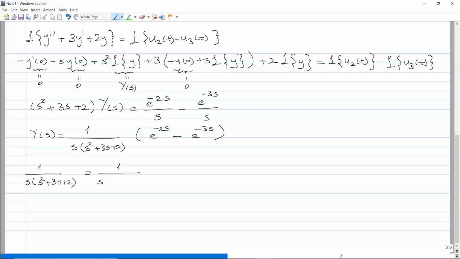Yes, we can factor it as s plus 2 times s plus 1, right? Plus 2 plus 3s, yes. So using partial fractions, we try to write it as A over s plus B over s plus 2 plus C over s plus 1.